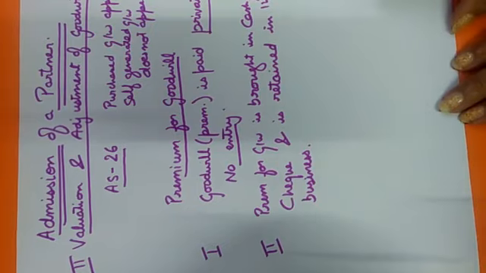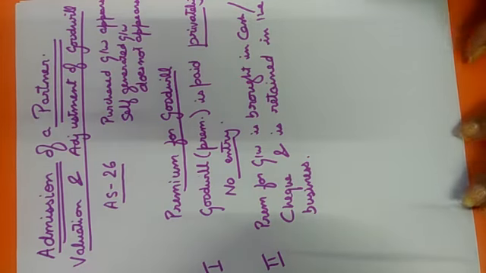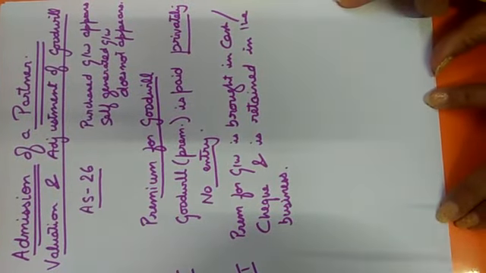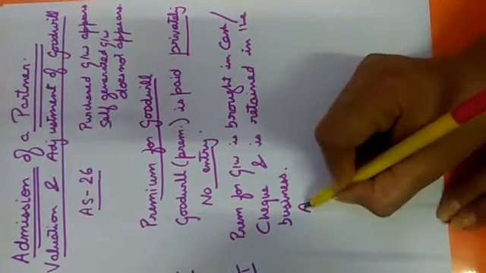What does it mean? The new partner brought his share of premium for goodwill into the business, then it has to be given to the sacrificing partners, but the amount was retained in the business. That means the ones who got it did not withdraw. We will understand this with the help of an example.